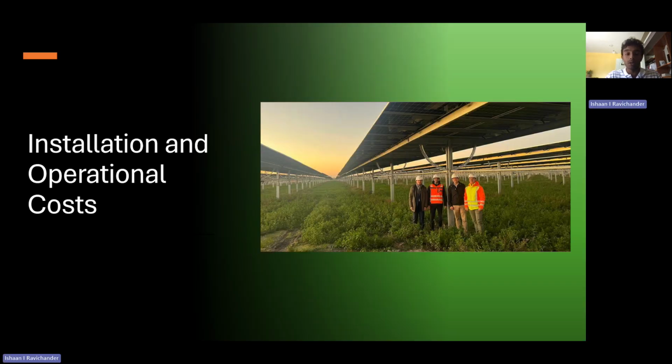So now that we know that power generation is viable in these integrated agrivoltaics, I thought it was important to look at installation and operational costs of these projects through the lens of levelized cost of electricity, which we discussed in class, and just briefly to look at how it compares to other solar types as well.